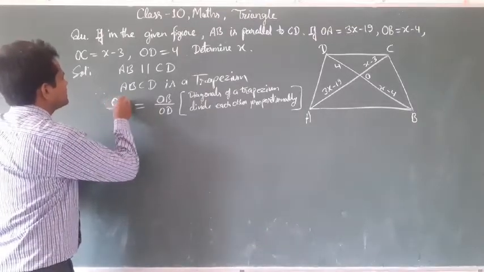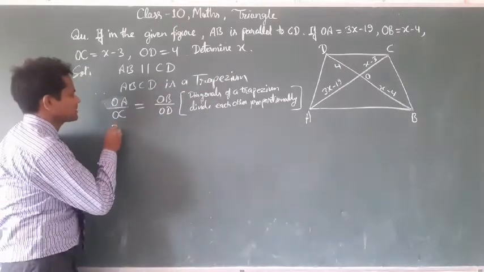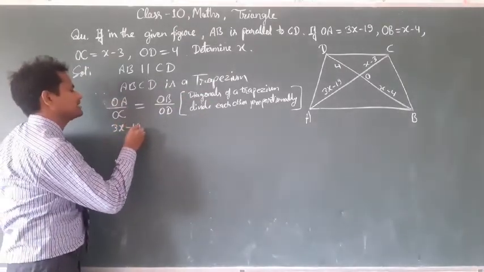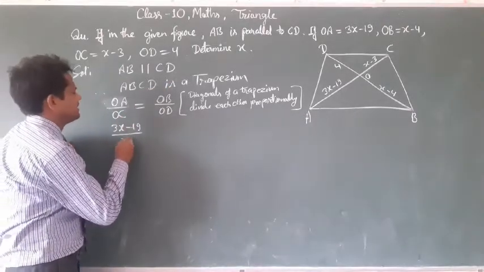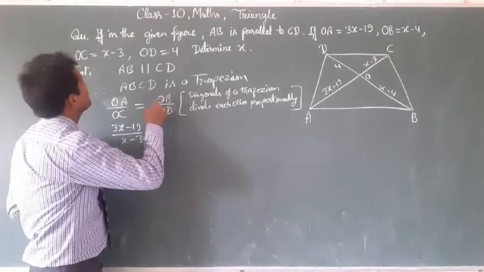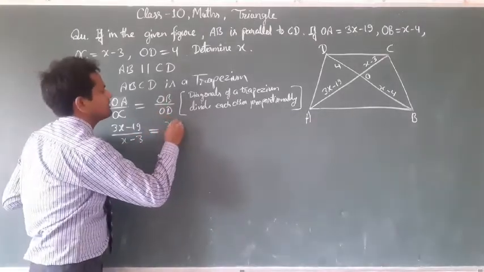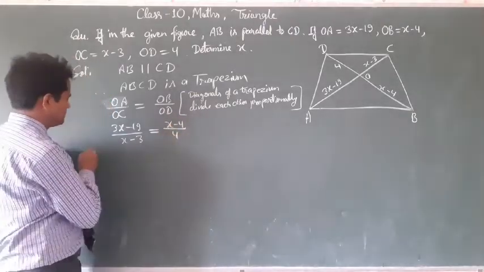Now, put the value of AO, it means OA. AO can be written as OA. So, OA is given as 3x minus 19 upon OC, which is x minus 3, equal to OB, which is x minus 4, upon OD, which is 4.